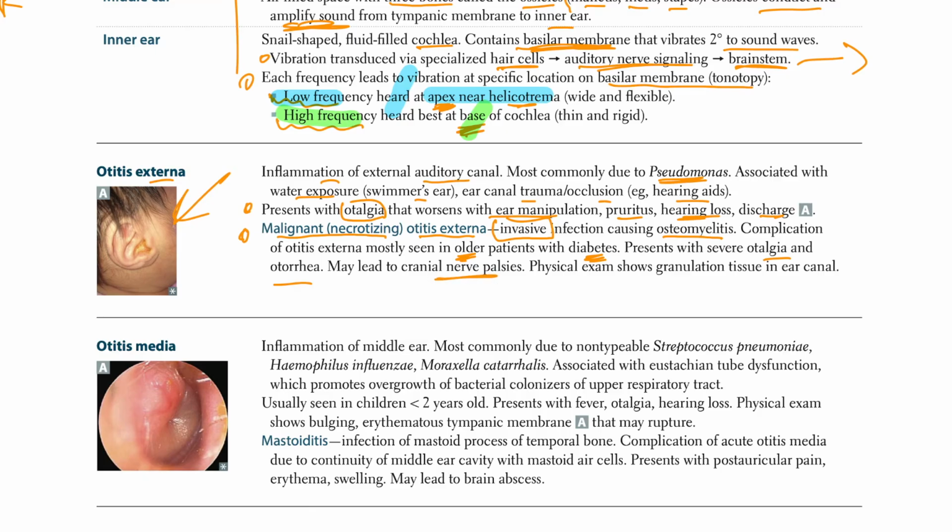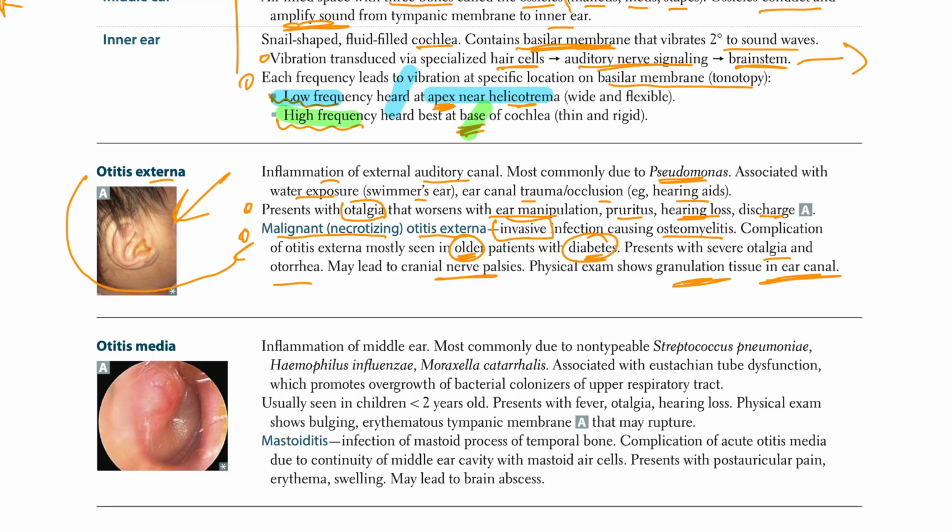Physical examination shows granulation tissue in the ear canal. So if you see an old patient who is diabetic and has prolonged otitis externa, you're going to think about malignant necrotizing otitis externa.